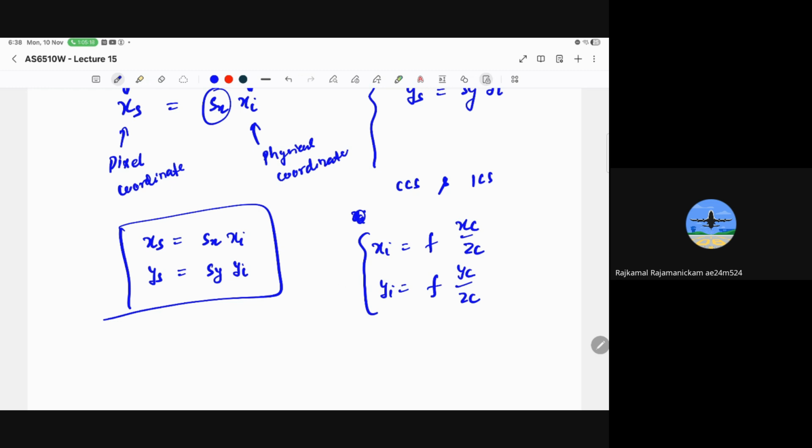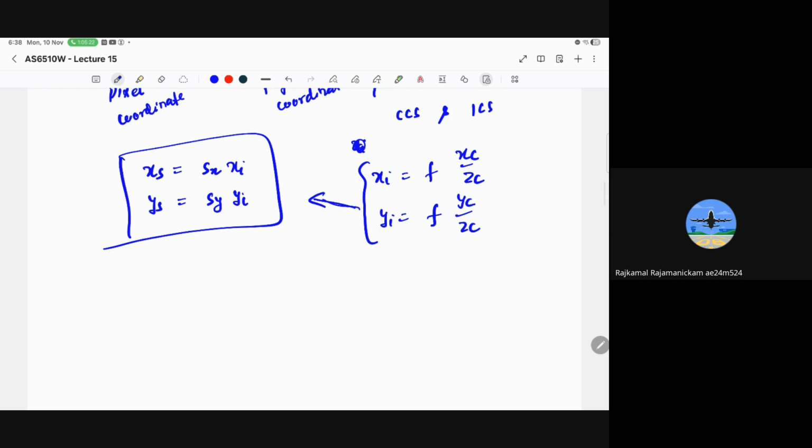This relation we can insert here. So we have xs equal to Sx into f xc upon zc. Similarly, ys equal to Sy into f yc upon zc.